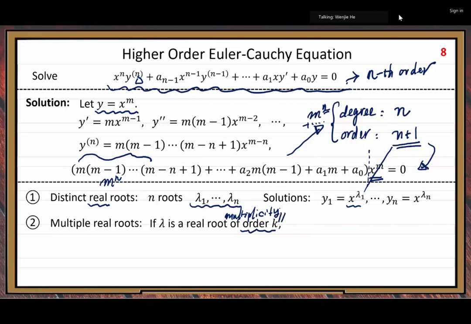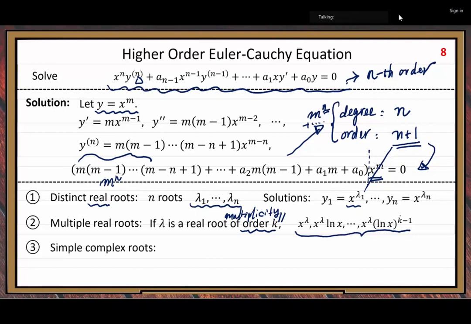This k is also the multiplicity of this root. Corresponding to the multiplicity k, we can write k roots in this way. We can prove it, but here we do a generalization. Remember, for second order ODE, we have similar results. So you can treat this as the straightforward generalization from the second order results.